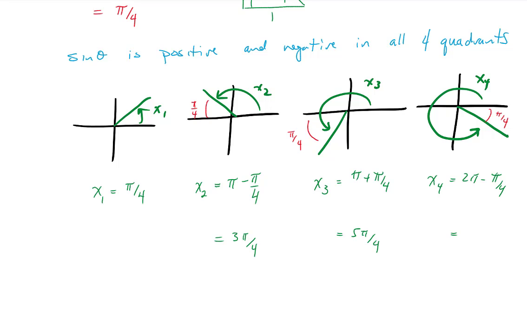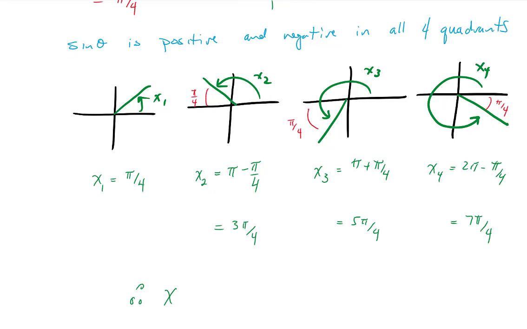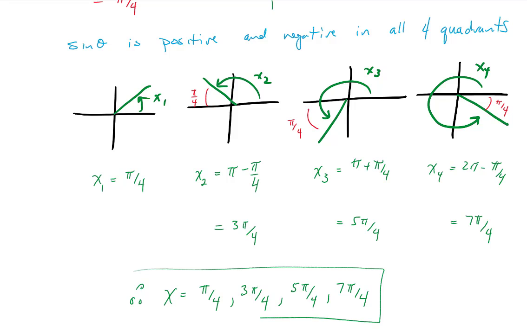And x4 is 7 pi over 4. So therefore, x is equal to pi over 4, 3 pi over 4, 5 pi over 4, and 7 pi over 4. So because of the sine x all squared, we have doubled our normal number of solutions from 0 to 2 pi.